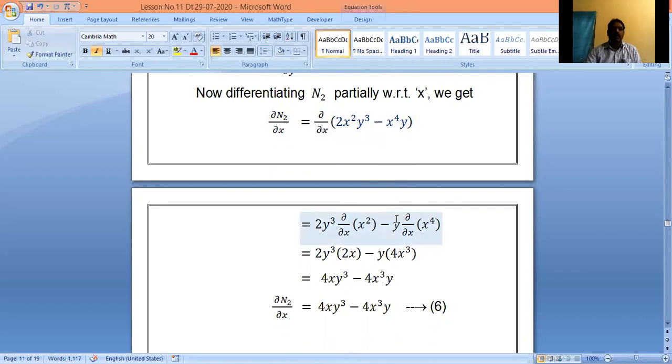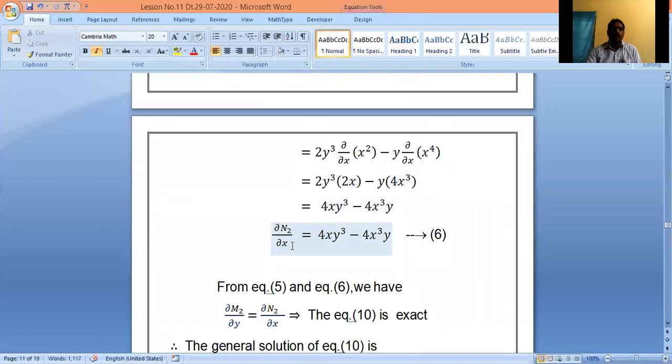Therefore, it can be written as y into dou by dou x of x to the power of 4. That is equal to 2y cube into dou by dou x of x square is 2x minus y into dou by dou x of x to the power of 4 is 4x cube. That is equal to 4xy cube minus 4x cube y. Therefore, dou N2 by dou x is equal to 4xy cube minus 4x cube y. Let this equation be 6.